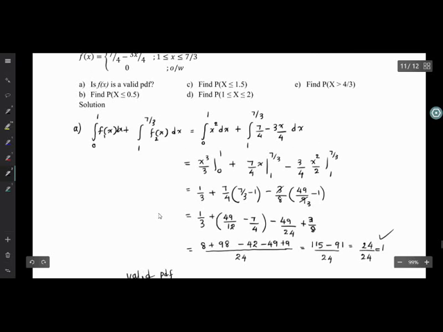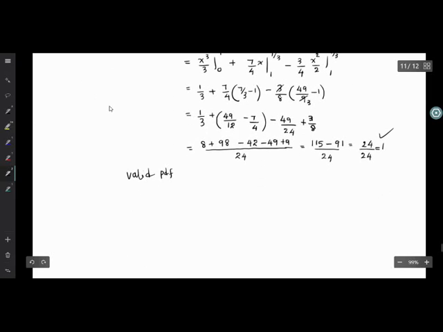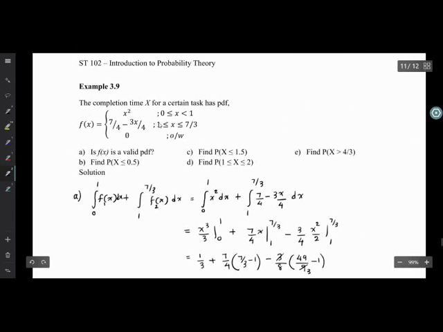Now you have to find the probability x is less than 1.5. How do you do that? Okay, before that, part B, x less than 0.5. I have to be careful about the support. 0.5 is within the first support, 0 to 1, so you have to use only this function x squared.